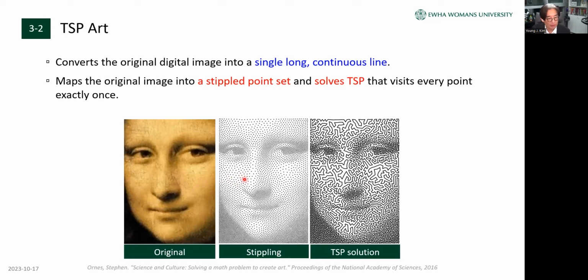So first generate these stippling points, which approximate the density distribution of the original input. Then, if you solve the TSP problem for these stippling points as the sites, you will have this kind of TSP solution. So this is one way to generate a long continuous line of drawing sequences for the robot.